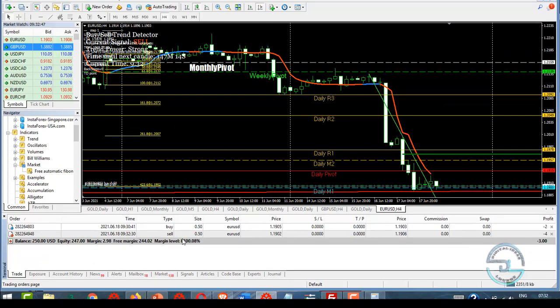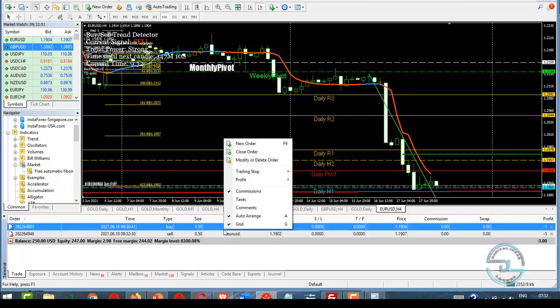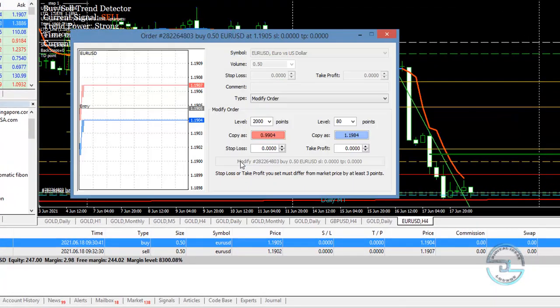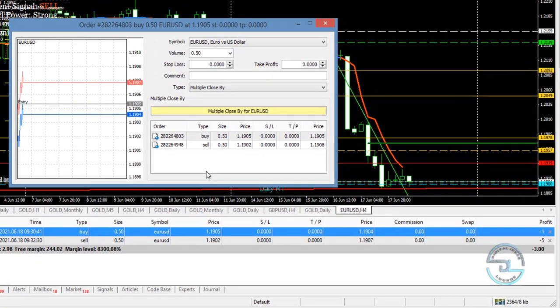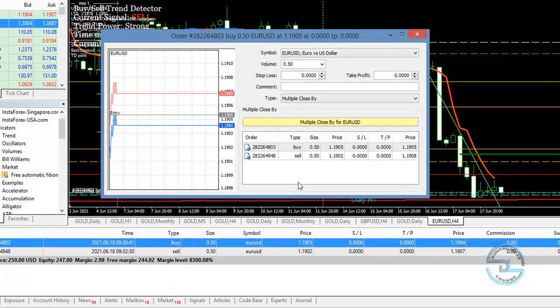I can now decide to close this trade. Go to modify or delete, and choose multiple close by. See what will happen. You push the negative to one side, whatever the balance negative is, and put the positive to the other side, and then we'll have a little increase a little above this 47.